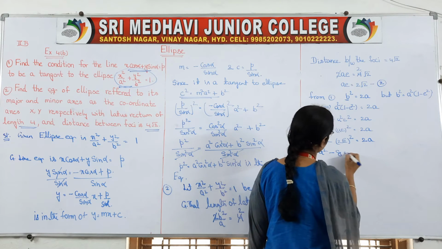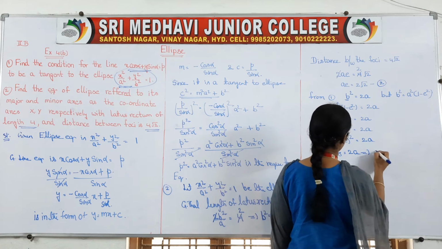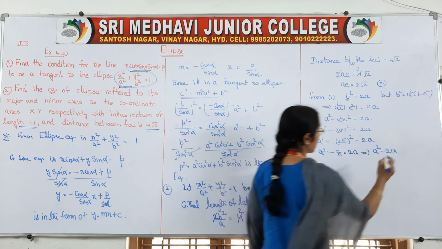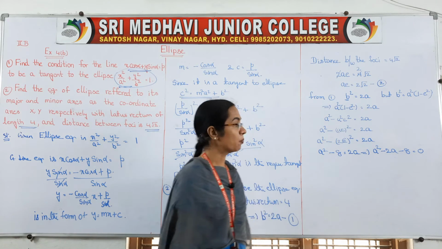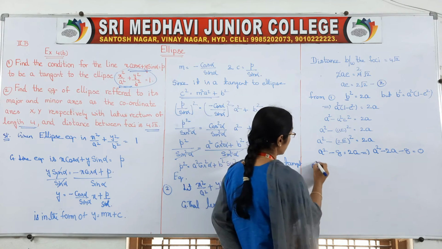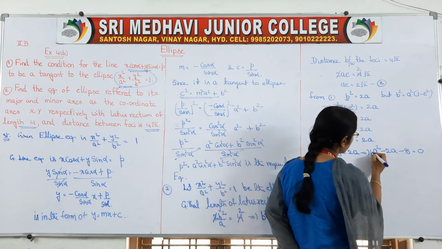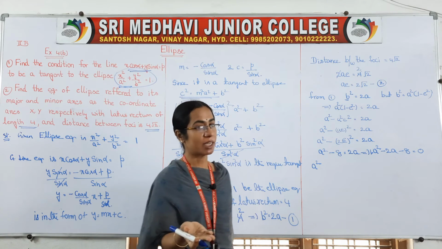Minus 8 is equal to 2a. So we can write this as a square, bring this 2a to this side, minus 2a minus 8 is equal to 0. Here the a square coefficient is 1, and if we multiply 1 into minus 8, it is minus 8.